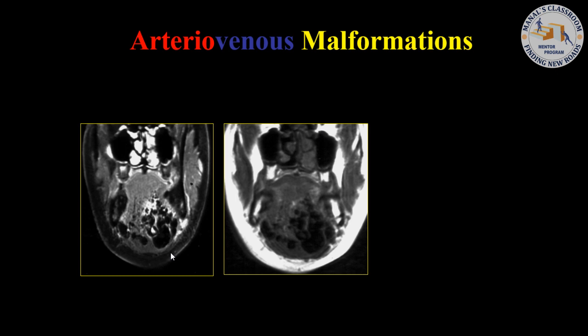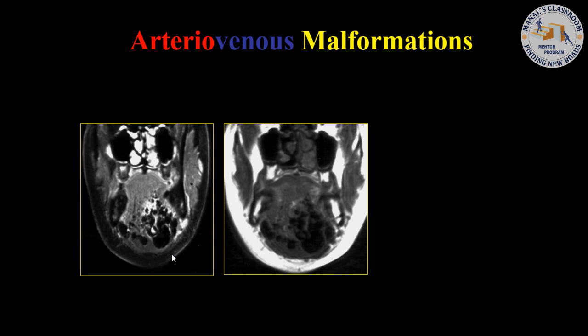Think about an arteriovenous malformation. An arteriovenous malformation is a direct communication between an artery and a vein. What's missing between an artery and a vein? The capillaries are absent. What's the purpose of capillaries? The capillaries provide nutrients to the surrounding soft tissues.